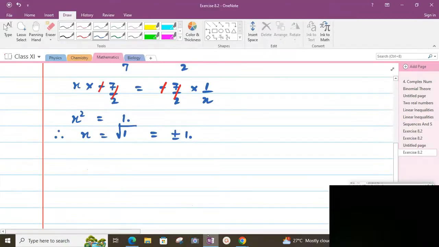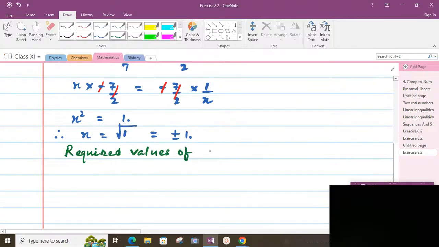So the required values of x equal to plus minus 1. So this one will be the answer of this question. Hope that there is no problem to understand the solution of this question.